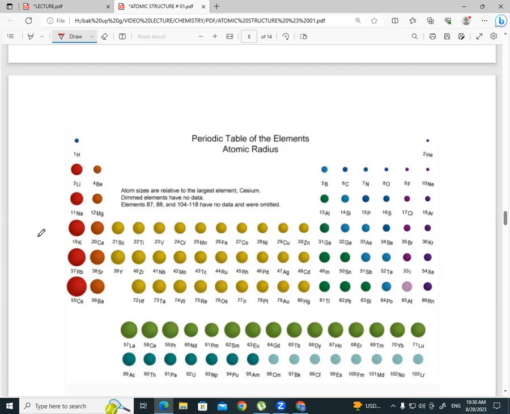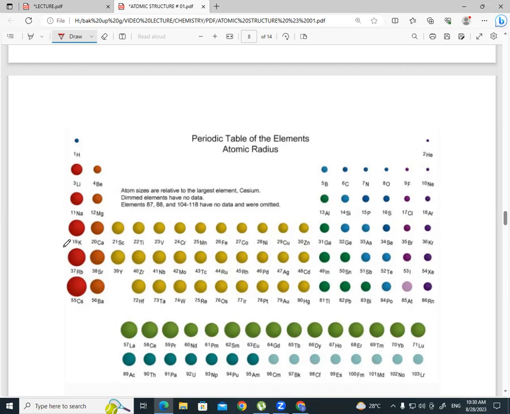And when we talk about the atomic radius in a group, see this, in the group, although the nuclear charge is also increasing, there is one more thing involved here, and that is the number of orbits also increasing down the group, showing more shells.